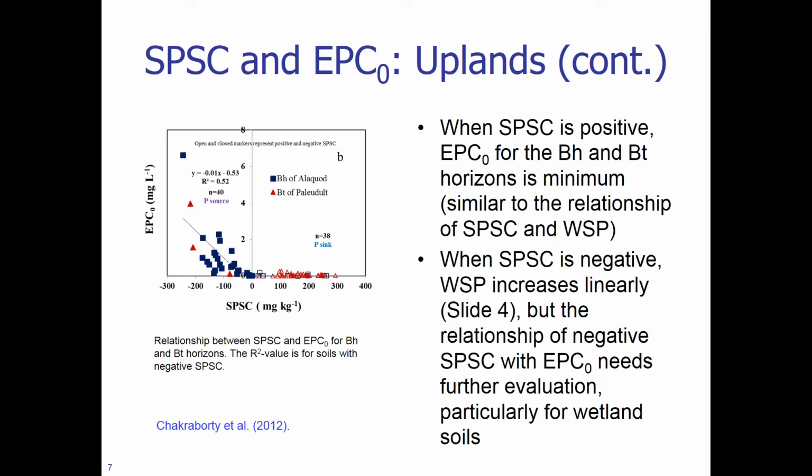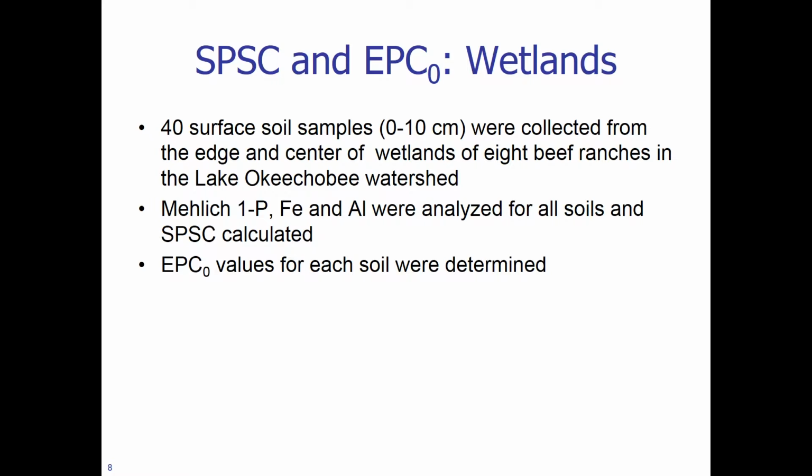Now, what we find is when SPSC is negative, water-soluble P increases linearly, but the relationship of negative SPSC with EPC needs further evaluation, particularly for wetland soils with high organic matter content. 40 surface samples, 0 to 10 cm, were collected from the edge and center of wetlands of 8 beef ranches in the Lake Okeechobee watershed to evaluate the relationship of SPSC and EPC0.